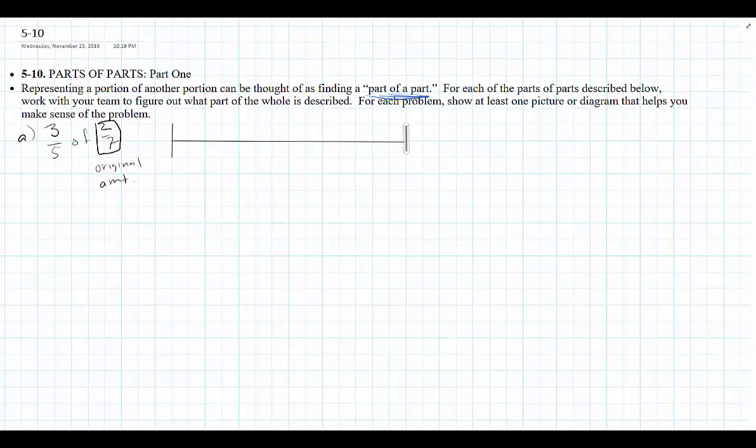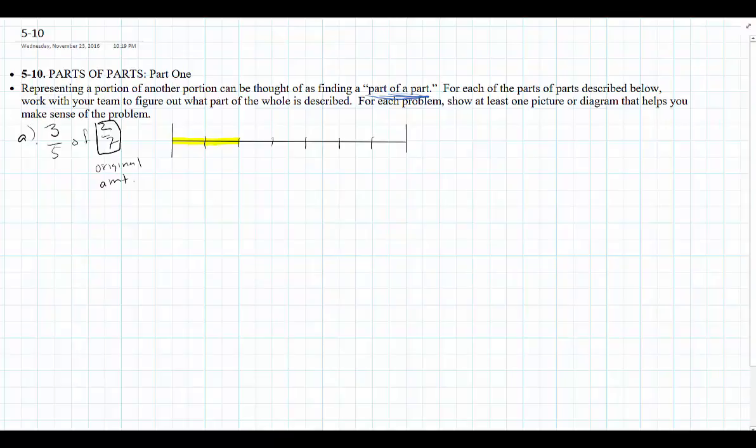So I'm just gonna do this quickly. So there's 1, 2, 3, 4, 5, 6, 7 parts. So the original amount again is 2/7. So I'm going to draw out 2/7. There's 1/7 and there's 2/7.